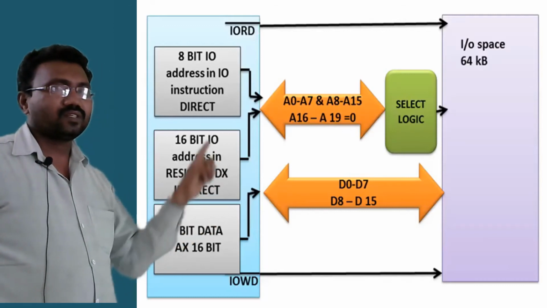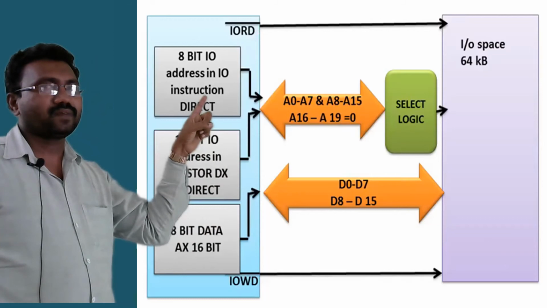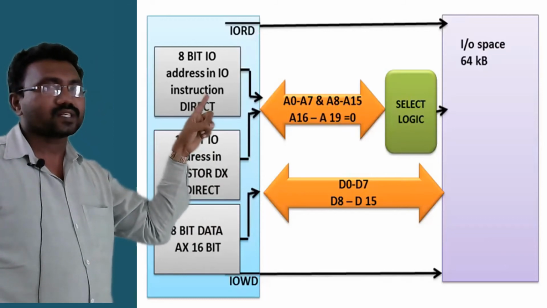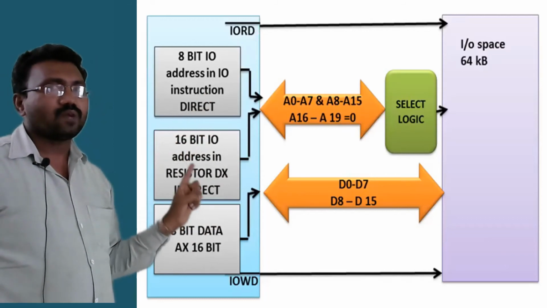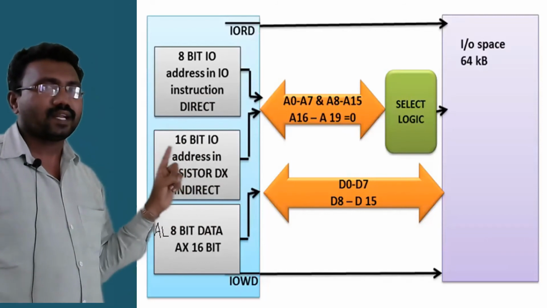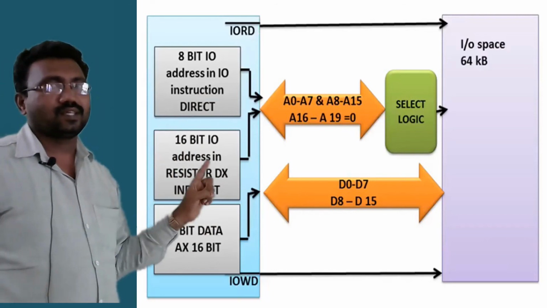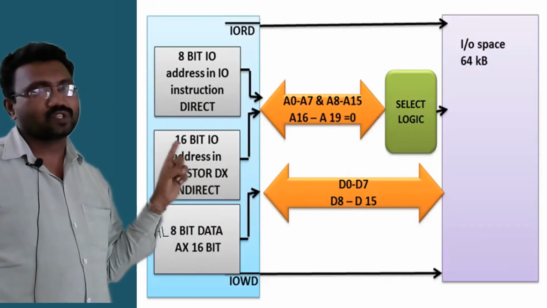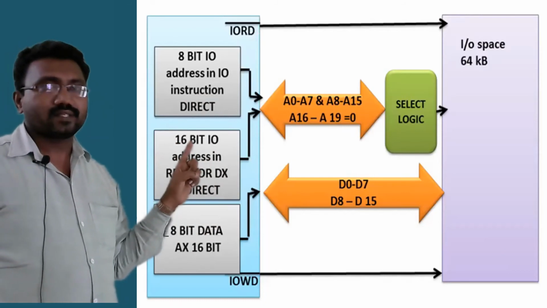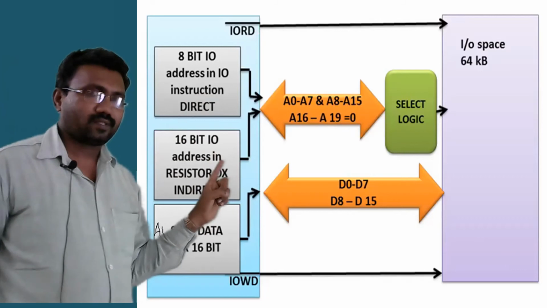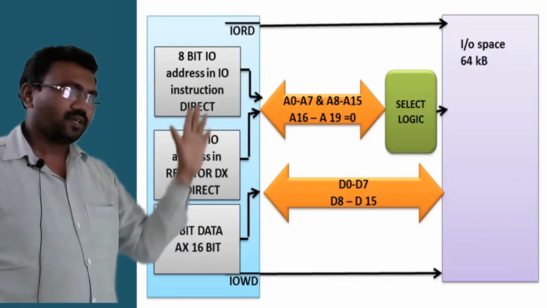If it is an 8-bit address, it can be specified directly in the I/O instruction itself. If it is a 16-bit I/O address, it can be specified indirectly using the DX data register, which can hold 16-bit I/O addresses. That's about 8-bit and 16-bit addresses.